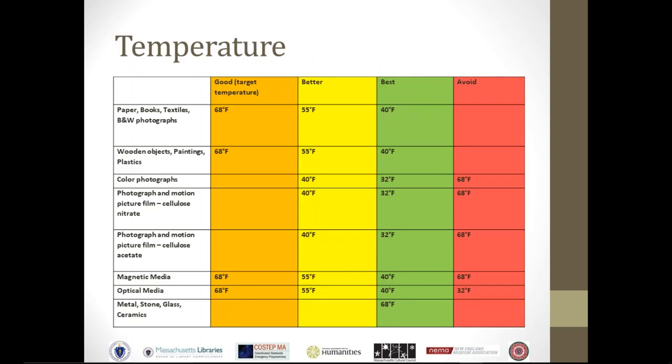So temperature is a very familiar term to all of us, especially as we move into the extremes of our season. As we move into summer or into winter, we're all very aware of the temperature outside. Chemically and physically, it is a measure of the vibration of the molecules in our collection materials as well as in our own bodies.